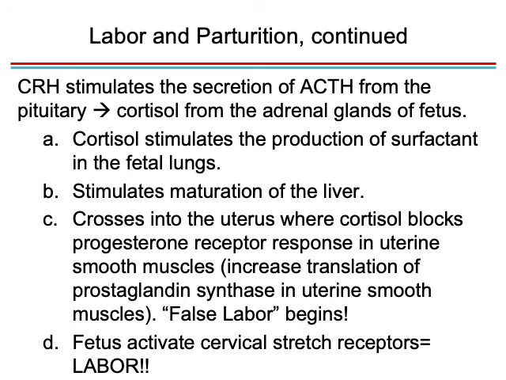Prostaglandin synthase can now start being made in smooth muscles. Prostaglandins cause smooth muscle contractions in the uterus. So smooth muscles now begin to contract, thanks again to fetal cortisol.